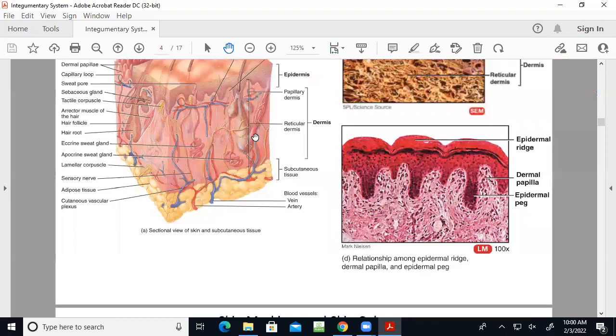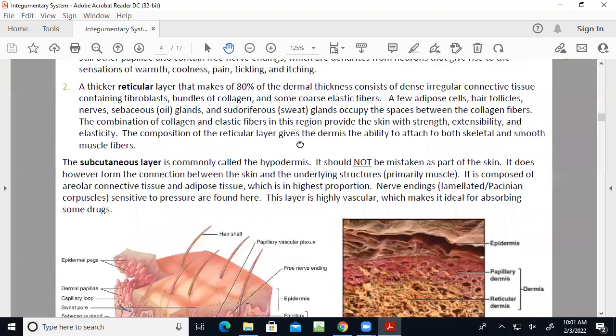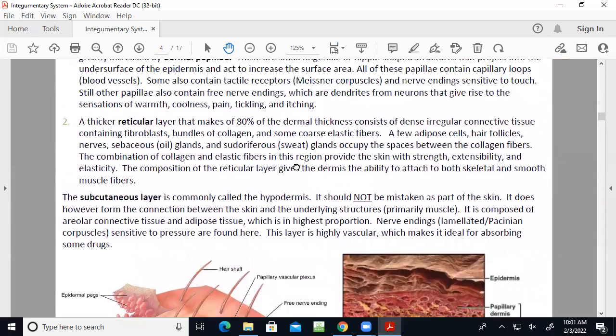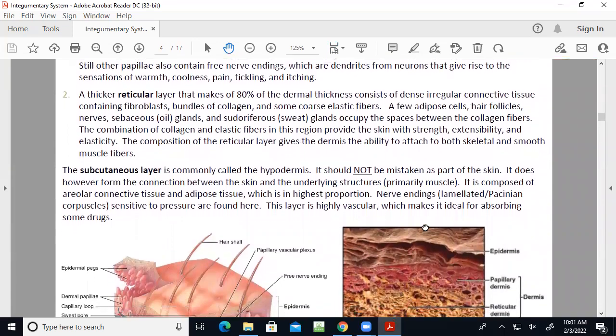So that's where you would find some important stuff. Still other papillae contain nerve endings, dendrites from neurons that give rise to sensations of warmth, coolness, pain, tickling, and itching.